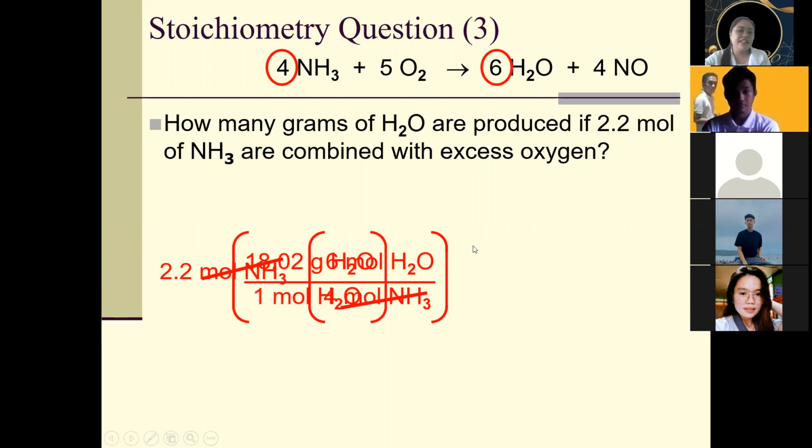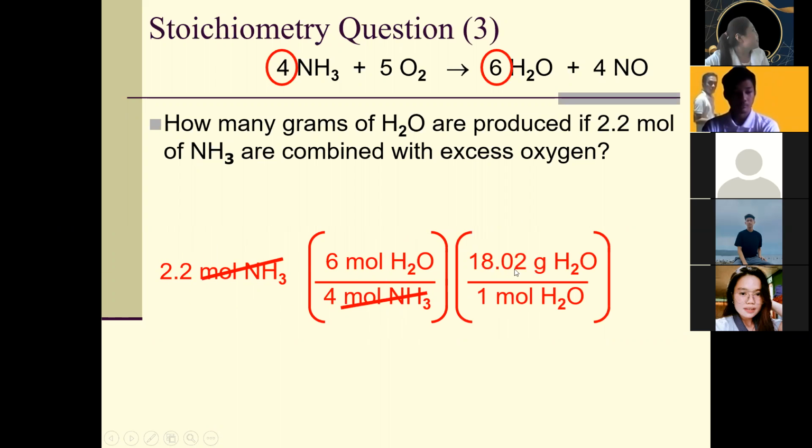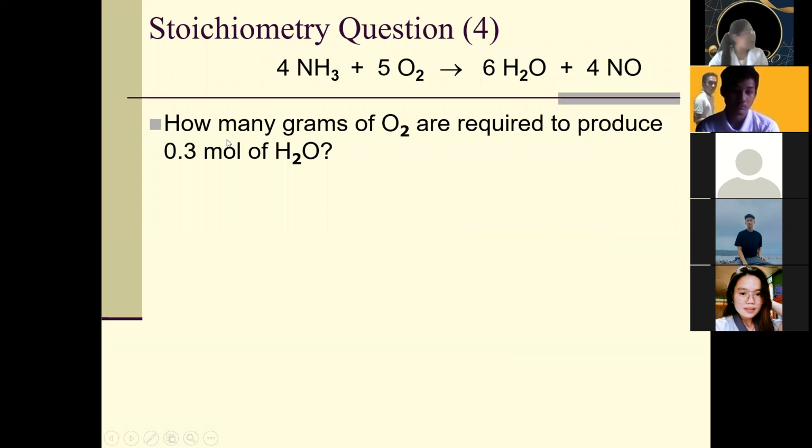I think what I did here is I did not round off the molar mass, but actually you can still get 59 grams of water. Okay, next. This is still the same. And then I'll wait for your answers after a few minutes.